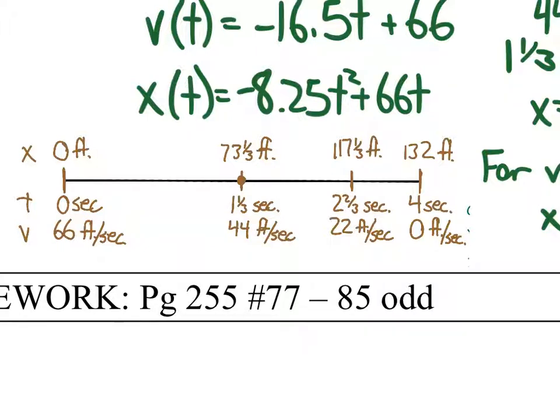By the way, notice this was 1 1/3 seconds, then another 1 1/3 seconds, and then another 1 1/3 seconds. Notice our rate went from 66 to 44 to 22 to 0. We lost 1/3 of the speed every 1 1/3 seconds.